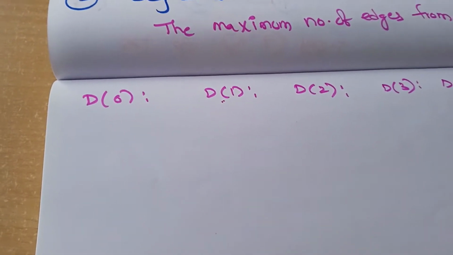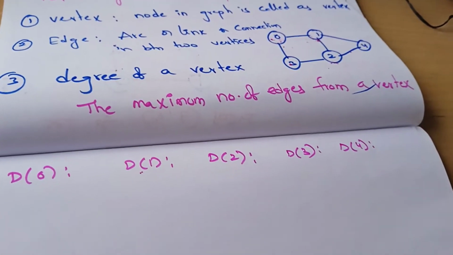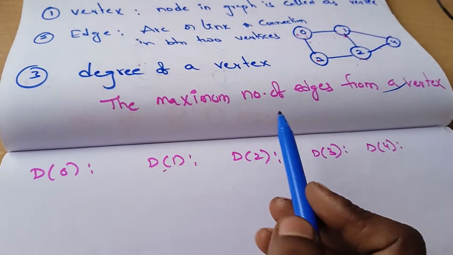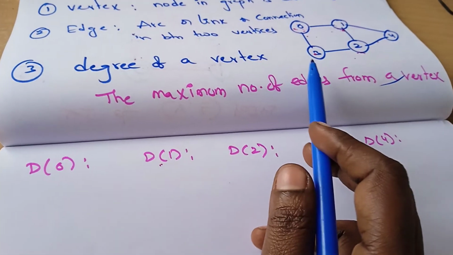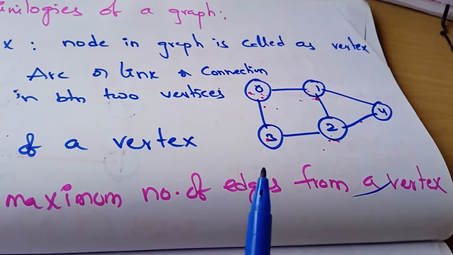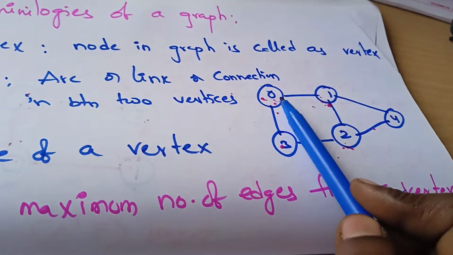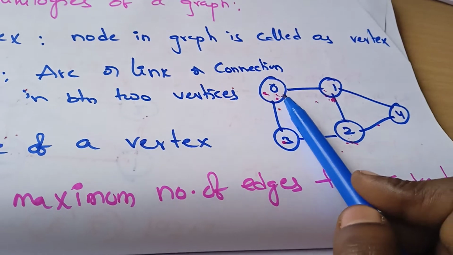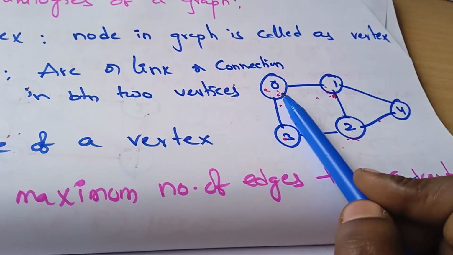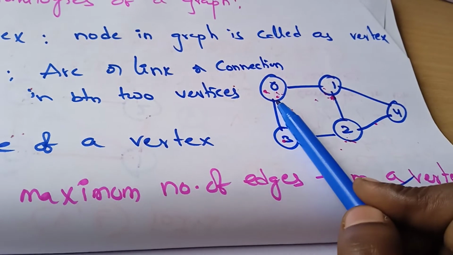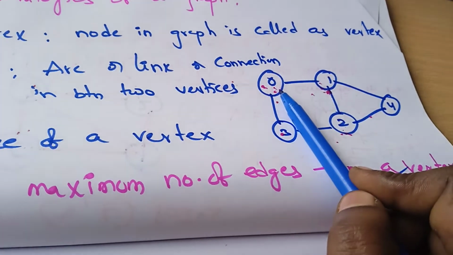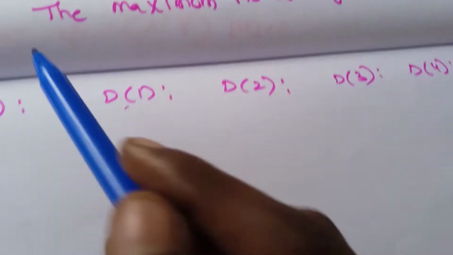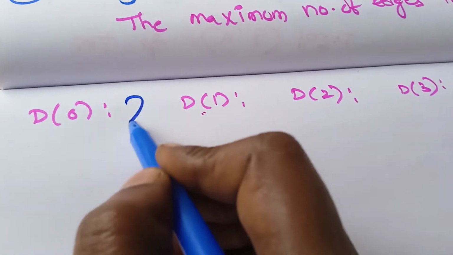Now look at your graph. Vertex 0: how many edges does it have? Keenly observe. 0 is a vertex and it has 2 edges, one from 0 to 1 and the other from 0 to 3. So 0 is a vertex which has a maximum of 2 edges. So the degree of 0 is 2.